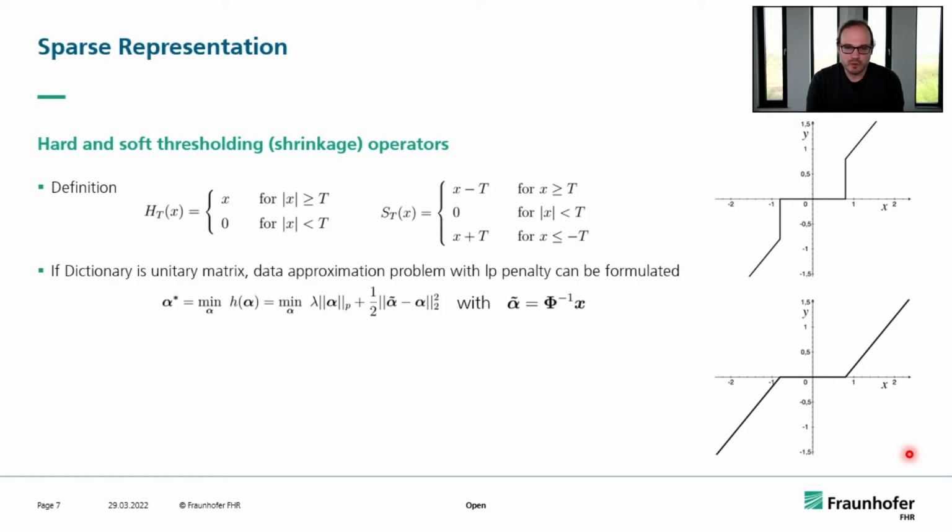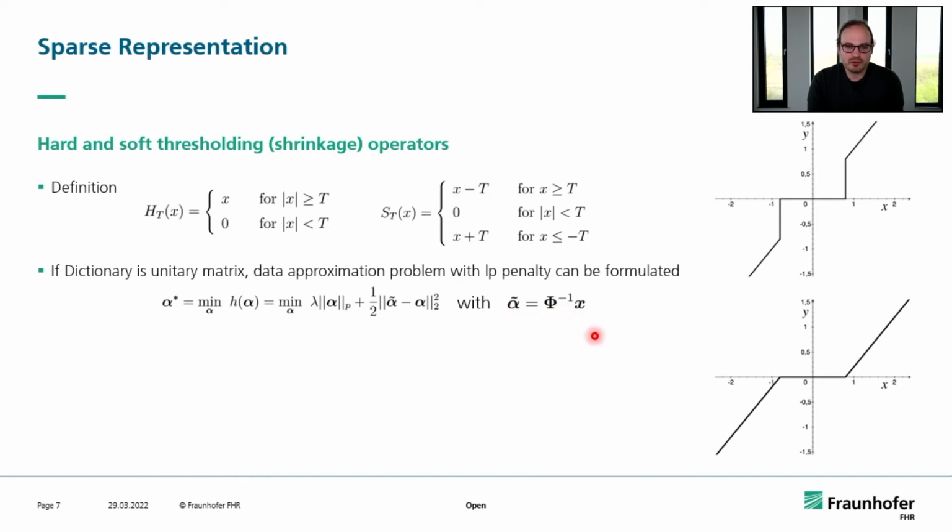Okay, so why do we need this here? We can define a similar problem as we've seen on the slide before, but now it's just a data approximation term. So we have our vector alpha that is approximated by this alpha with the tilde here. But in this case, our phi is a matrix, a basis. So we can just calculate the inverse and calculate this.